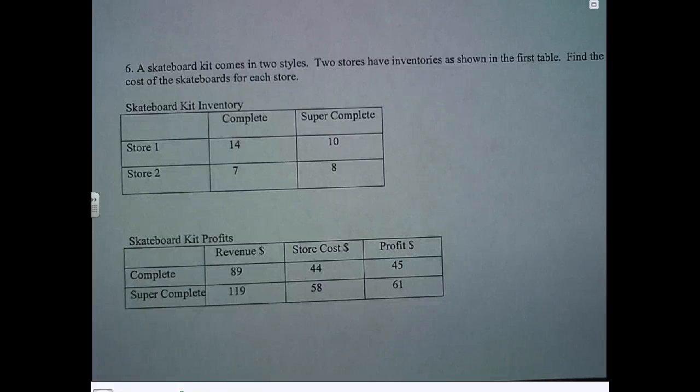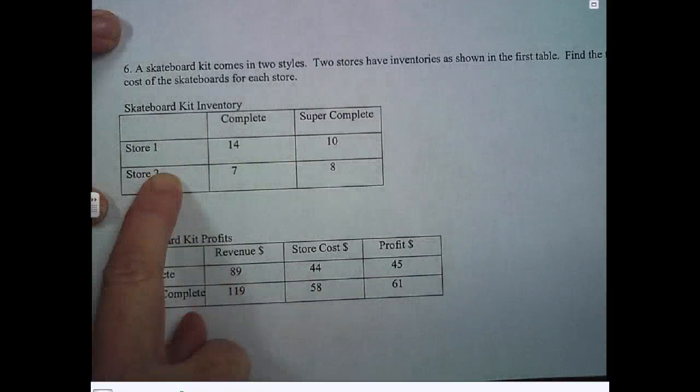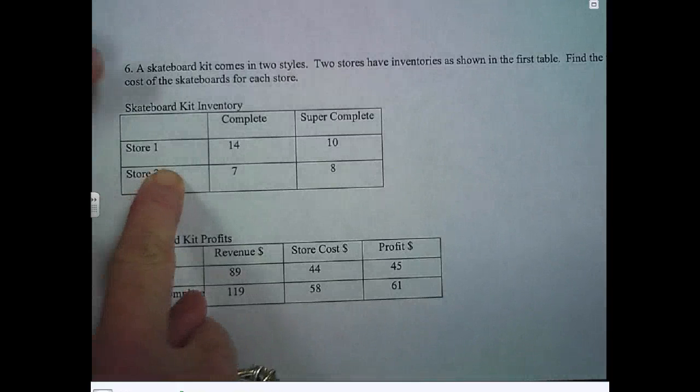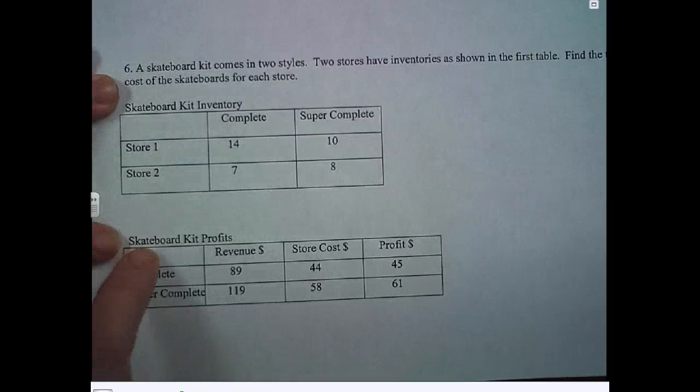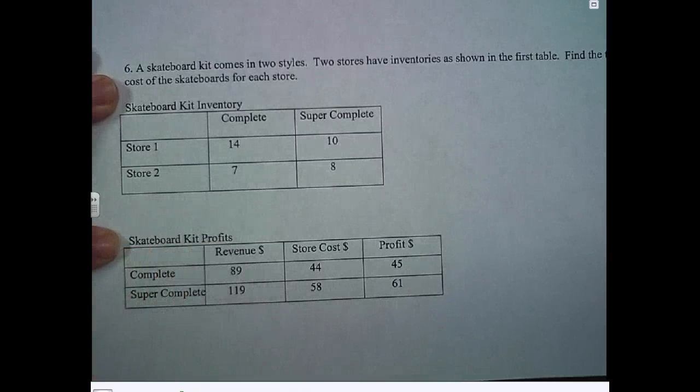So here's one list, the top one, which is talking about store 1 and what they sell. Then he made another matrix, or another set of data, which is down here. And it's talking about skateboard kit profits. And from what it looks like, he even charges different prices at different stores. So a complete set, oh no, they're the same, I'm sorry.